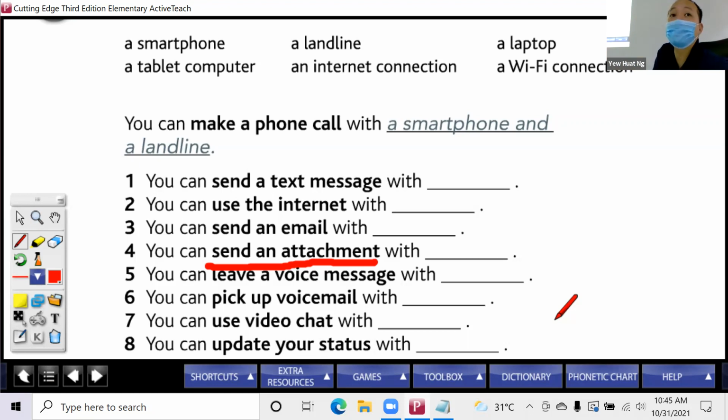Okay. So of course, a long time ago, we cannot send anything in chat, but now we can send everything in chat, right? Yes, when you do your documents, your Word document, you can also send. Yep, that is an attachment. But first of all, what is the meaning of attach? Attach actually means together.